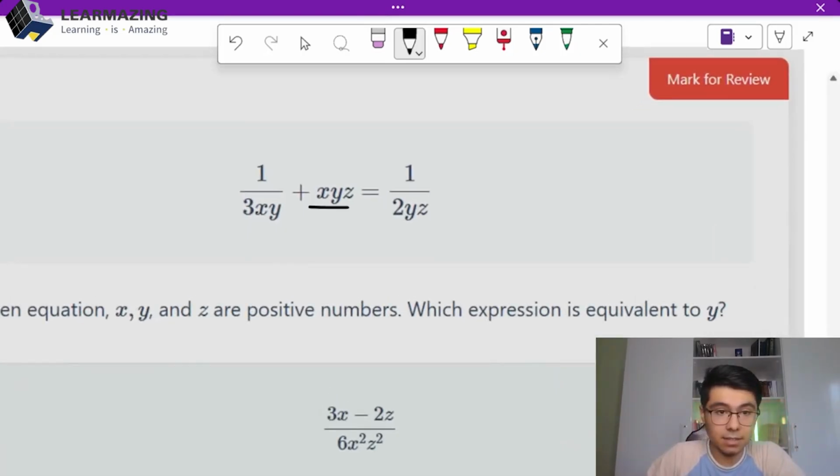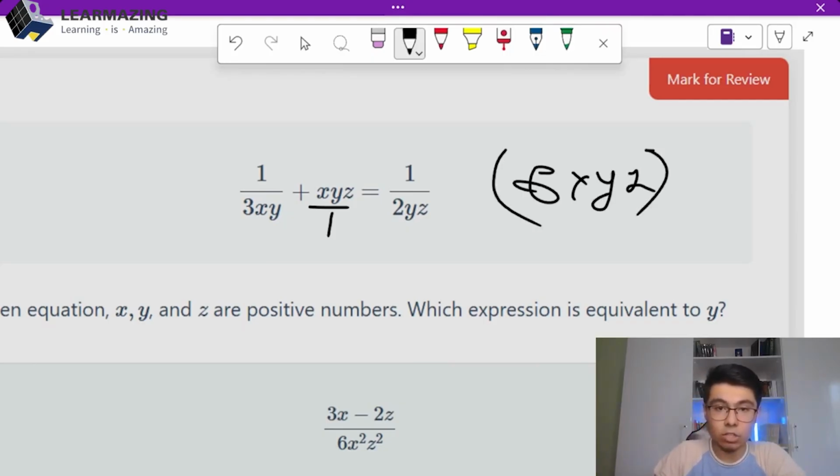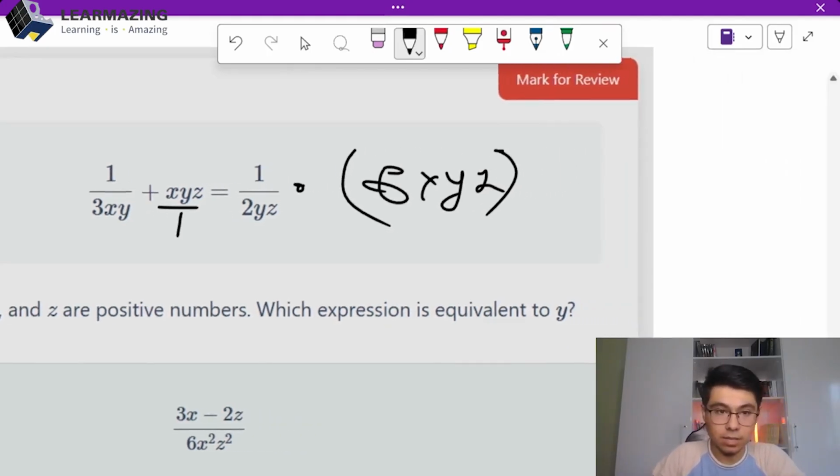In this case, the least common denominator is 6xyz. And what we can do is multiply the entire equation by this.